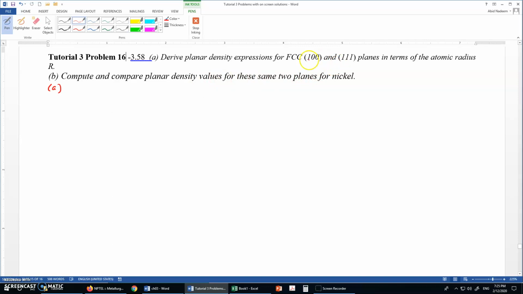So in part A there is this FCC unit cell. In this unit cell there is a 100 plane. So the 100 plane is this plane.